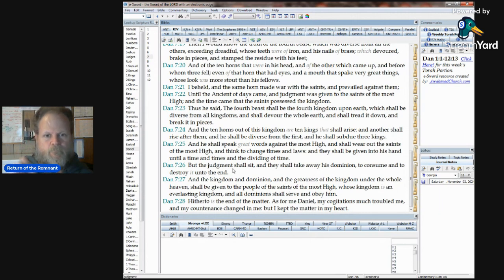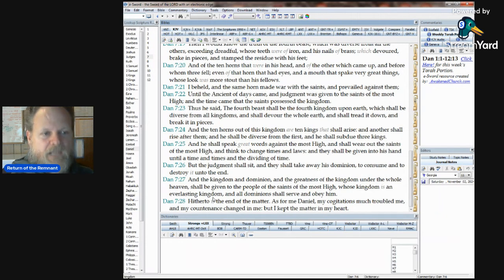So what I just read here in Daniel 7 is exactly what John saw in Revelation 13. Having ten horns. Ten horns are the ten kings. There's seven heads. Remember, the Antichrist has one of the ten. He's subdued.